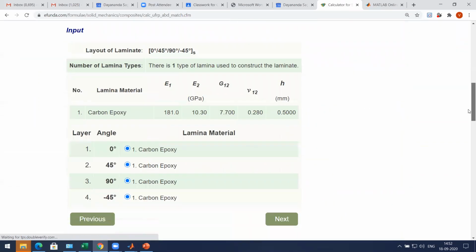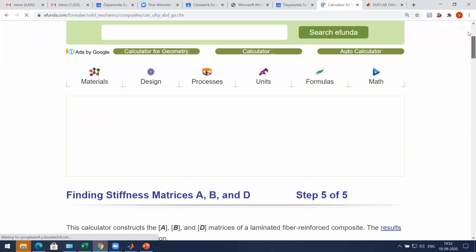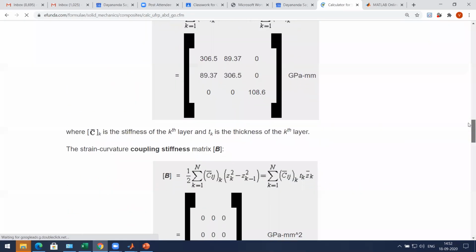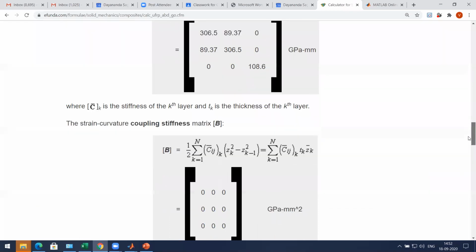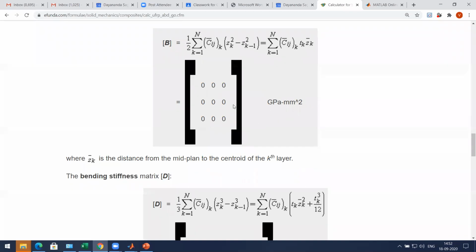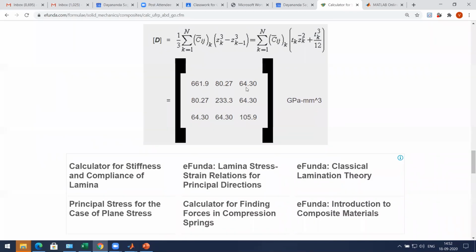When we do that, you see A11 is still equal to A22, A16 and A26 are 0, and A11 minus A12 is still 2 times of this. And then the B matrix is 0. Only the D matrix is a problem.